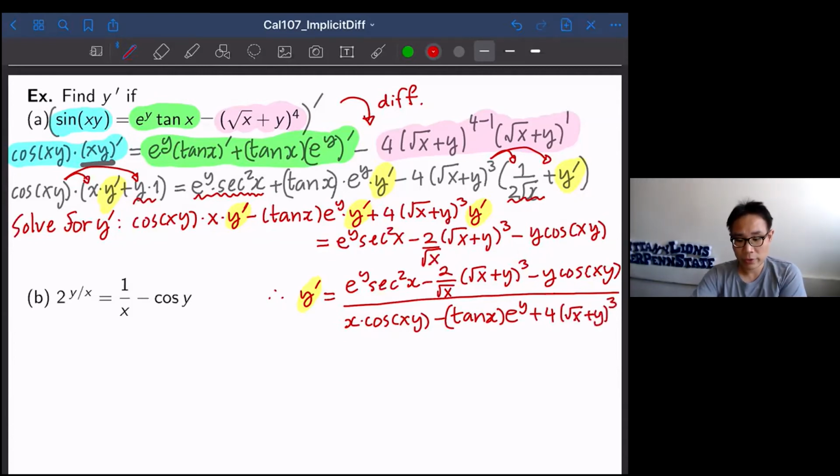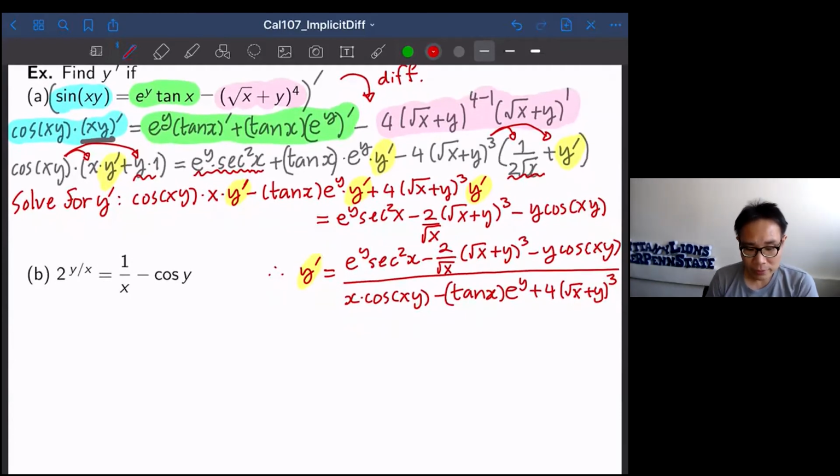Okay, so this is how we have solved for y prime, and this one will be the y prime that you're looking for. It's kind of messy a little bit because we have many terms in this case.